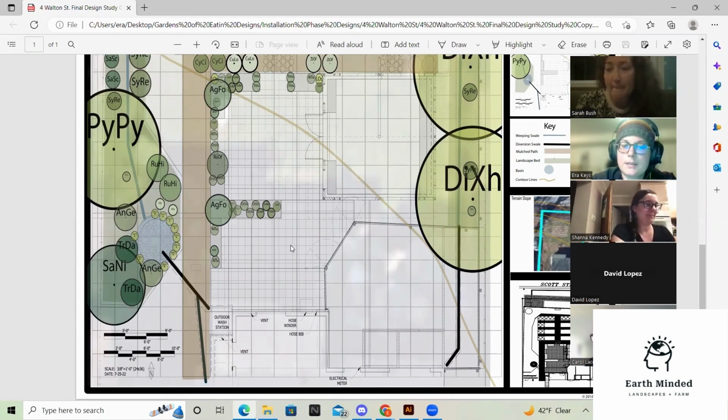It is, yeah, I would say. It's built a little differently than a rain garden in that it's using stones and not gravel and sand layers, but it performs a similar function.